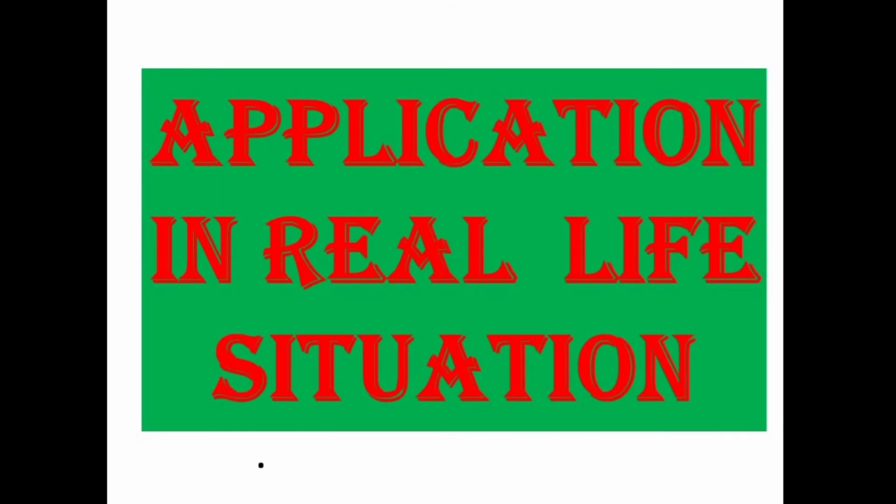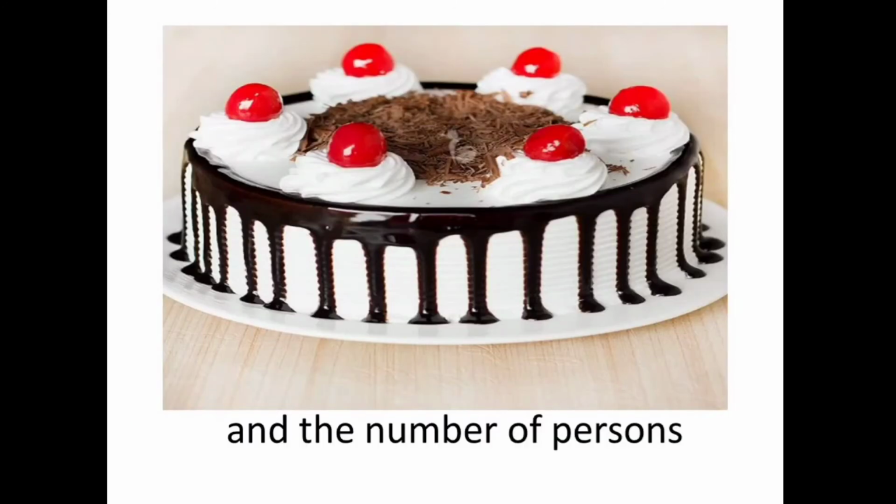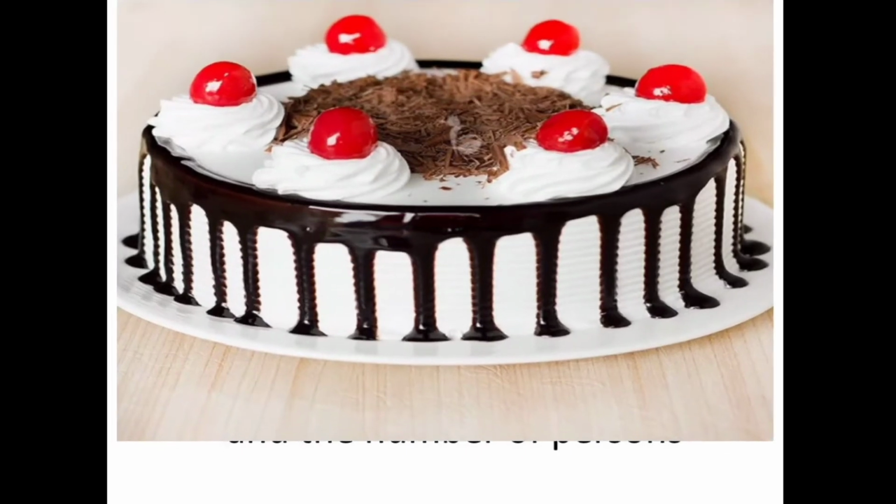Inverse variation can also be applied in real life situations. Let's proceed to applications in real life. Observe, class, we have cakes and the number of persons. What will be the relationship between the cake and the number of persons?